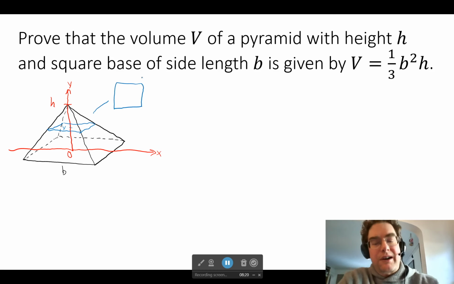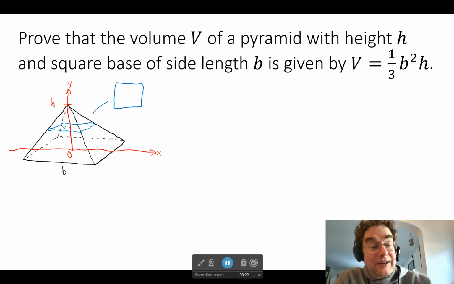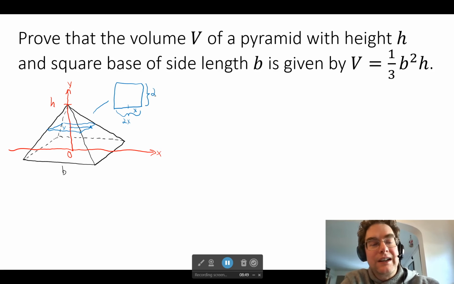Okay, so there's our cross section, and if you take a look at the side length, the x coordinate that we're at, the right hand edge of our square, is going to be half the side length. Okay, so x is half of this here, which means the entire side length is going to be 2x. And since it's a square, the other side will be 2x as well.